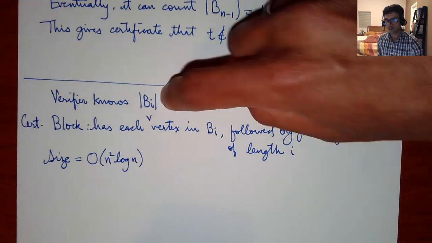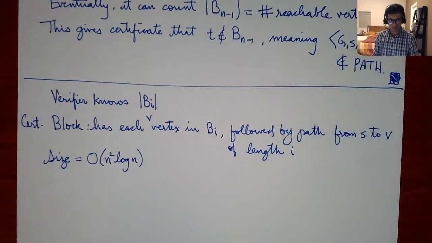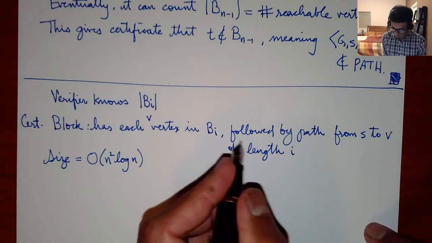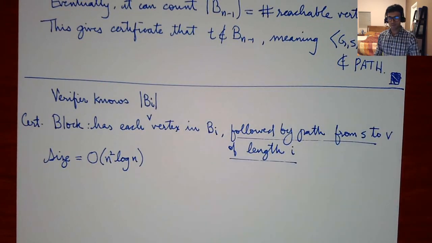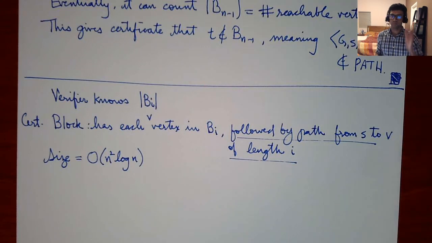And because the verifier knows BI, it knows that this certificate actually has all the vertices in BI, because this part can be checked easily. I see. So the paths are easy to verify, obviously, and then we just have to make sure that we have all the paths.